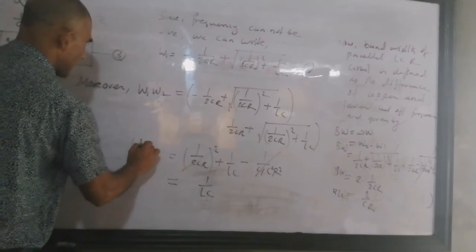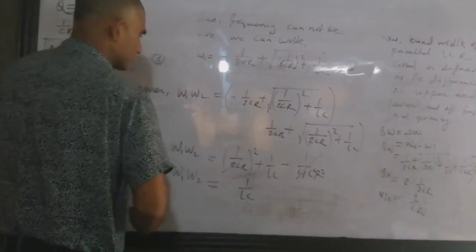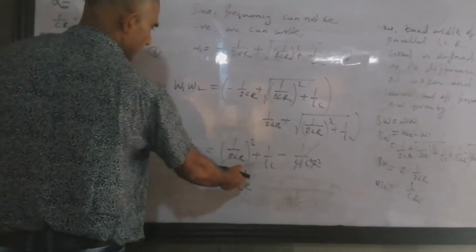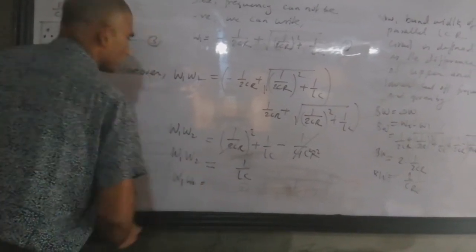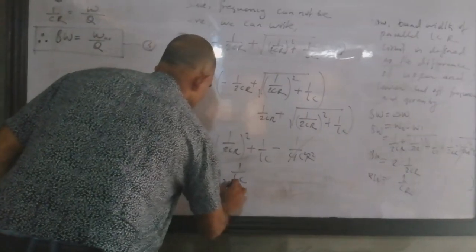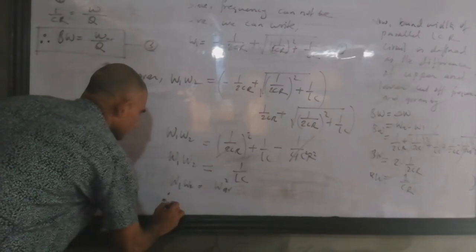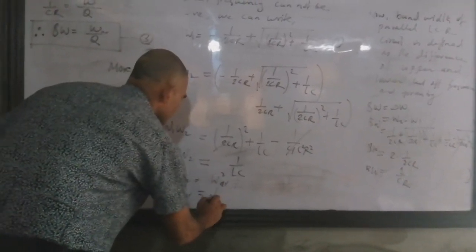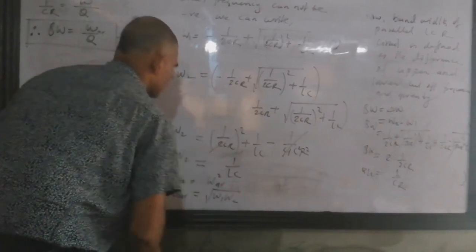So multiplying these two frequencies, the upper cutoff and lower cutoff frequency, we get omega AR whole square, where omega AR is the anti-resonant frequency. Finally omega AR is the root of omega 1 into omega 2.